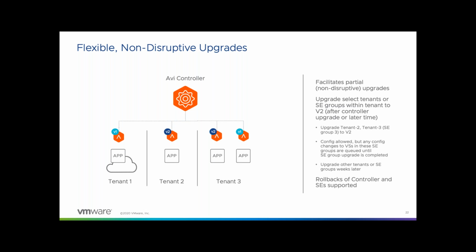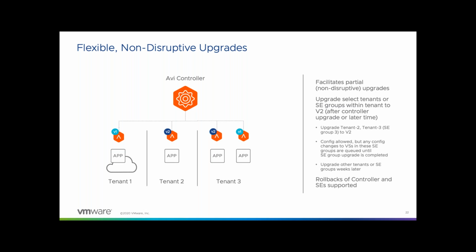Resource pools essentially are known as service engine groups, which host the service engines within them. This offers lines of businesses great flexibility, where they can decide that the entire tenant needs to be upgraded, or even within a tenant, only certain resource pools need to be upgraded. Avi also offers rollback and patches, which are meant for hot fixes.